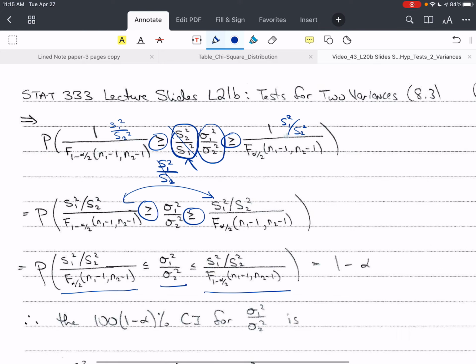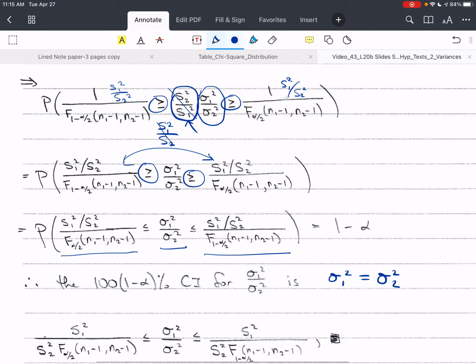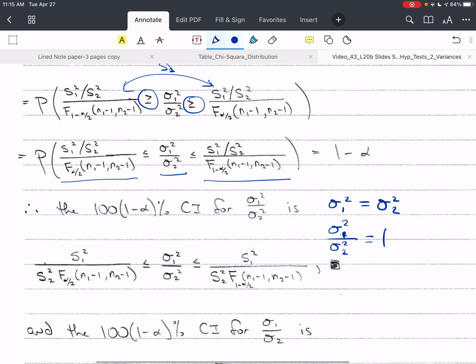Now, if sigma 1 squared is equal to sigma 2 squared, then I divide both sides by sigma 2 squared. Sigma 1 squared divided by sigma 2 squared is equal to 1. So that is what I'm testing, that this quantity is equal to 1.